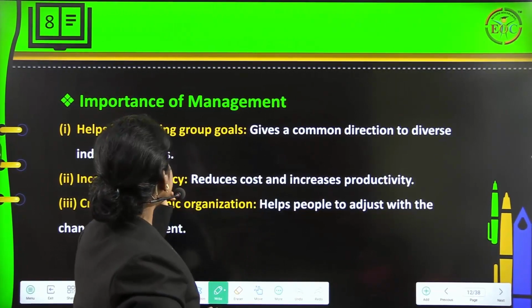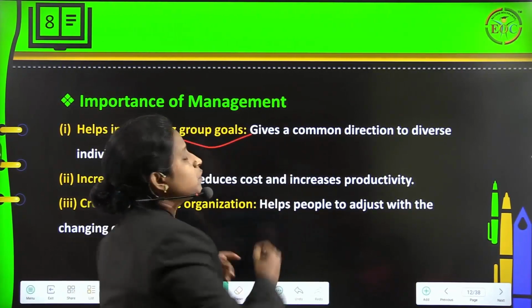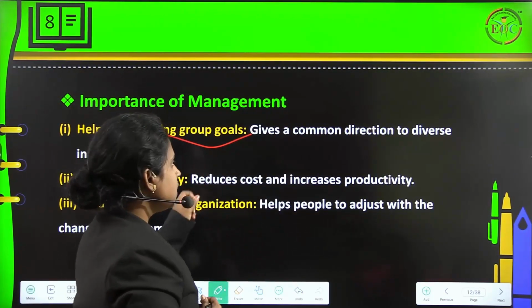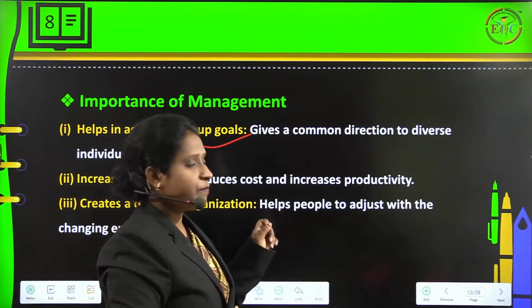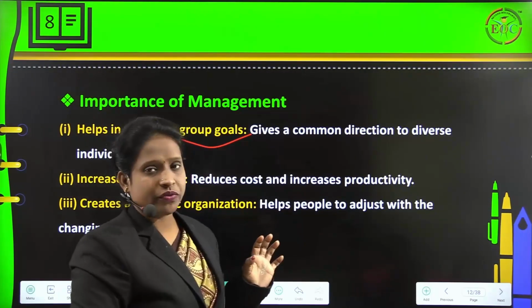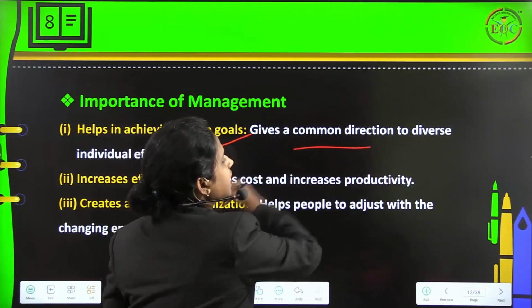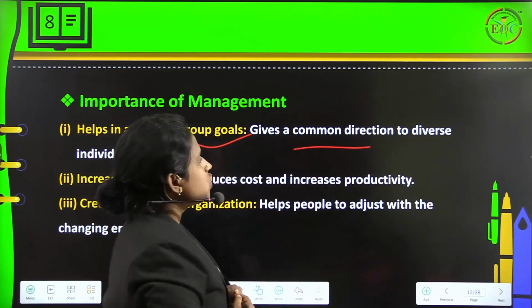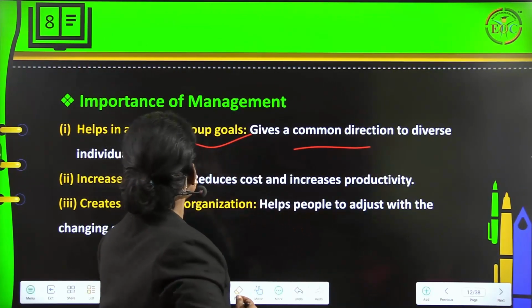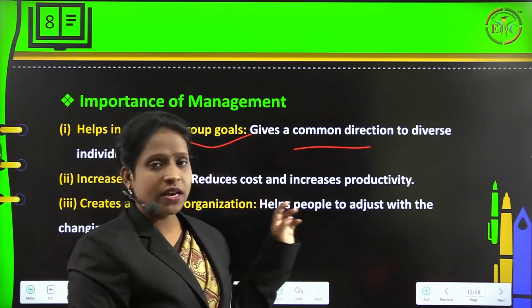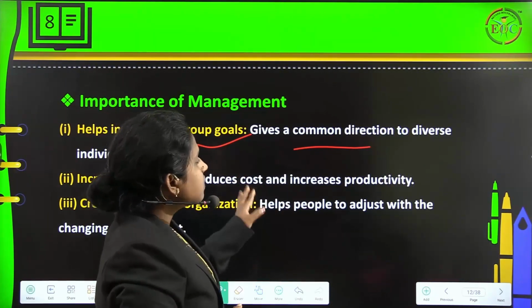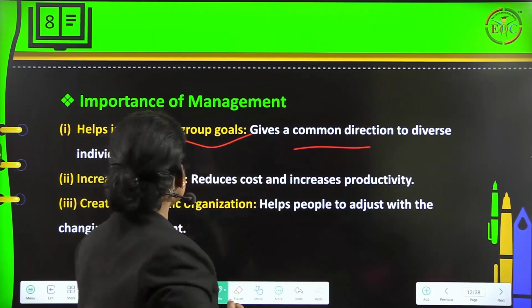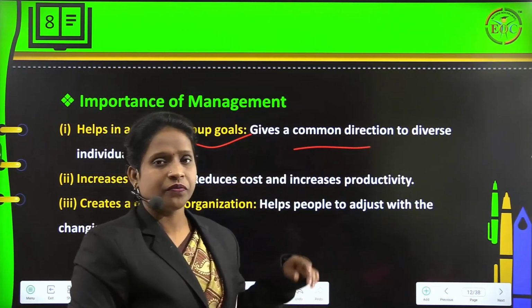Fine, here you can see it helps in achieving group goals. That is the importance of management. So group goals can be achieved, right? It gives a common direction to diverse individual efforts. So that's the reason we say it helps in achieving group goals, because it focuses on what? Giving a common direction to diverse individual efforts. Fine.